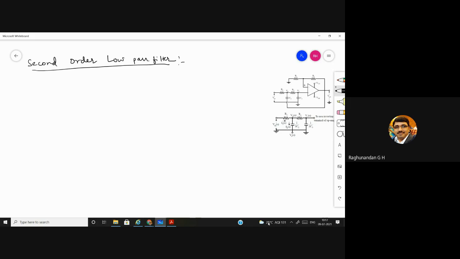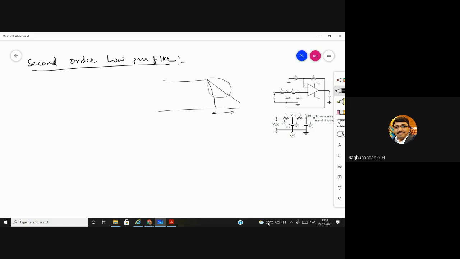But if you want the roll-off factor to be more, so that the higher frequencies will be limited very fast, instead of having a very long slope where even higher frequencies will also be passed. If the roll-off factor is 40 decibel per decade, then it is going to immediately go towards zero gain, so that the extra higher frequencies which were allowed will be reduced.